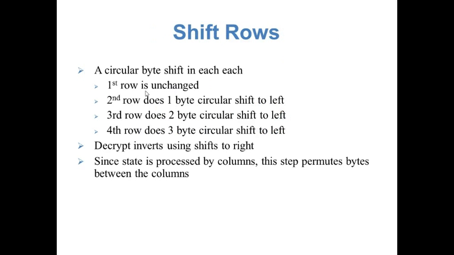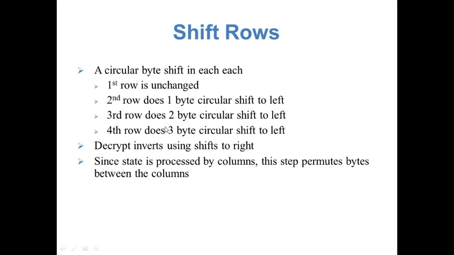Now let's go with the shift rows. The shift rows step provides a simple permutation of the data, whereas the other steps involve substitutions. Further, since the state is treated as a block of columns, it is this step which provides the diffusion of values between the columns. It performs a circular rotation of each row by 0, 1, 2 and 3 places for the respective rows.